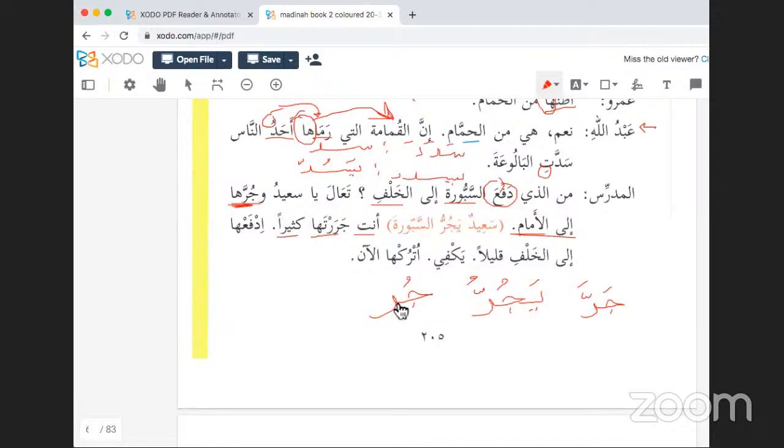How does the jazm reflect on the mudha'af majzoom? Does it show with a sukoon, with a fatha, with dhamma, or with a kasra?